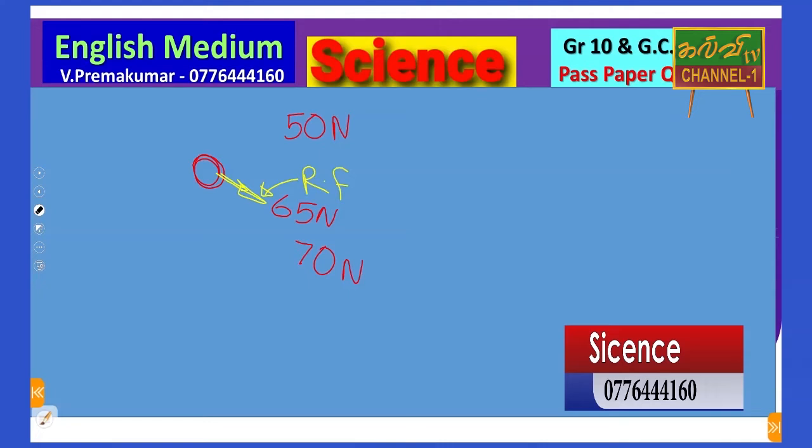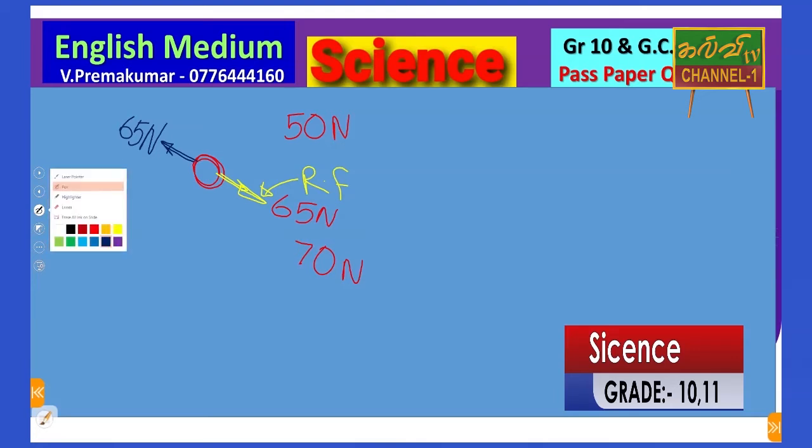If you want to stop the ring, or keep the ring in equilibrium, we have to give the equivalent force, that is 65. If we use 65 against that resultant force, the ring will be under balance. I can explain.